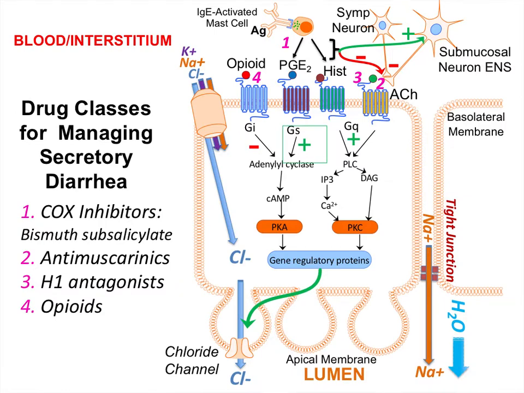You have, in addition, the sympathetic nervous system, whose role it is to provide presynaptic inhibition to this acetylcholinergic muscarinic interaction. And so that's why sympathetic neurons can normally reduce the pathway associated with stimulation by submucosal enteric nervous system cholinergic input.